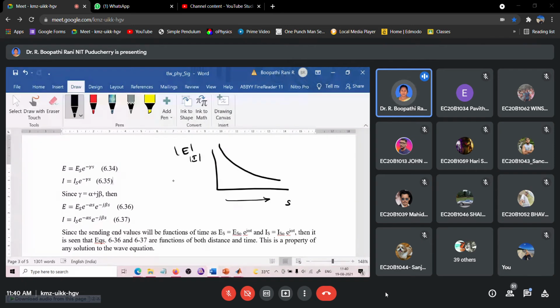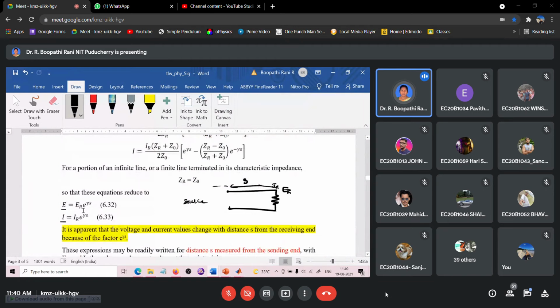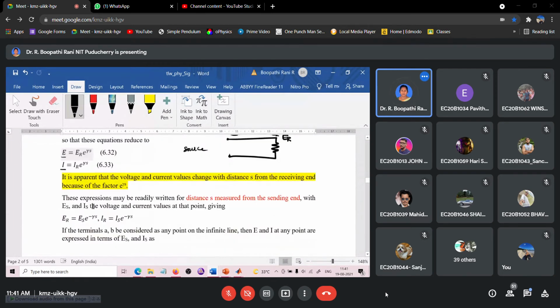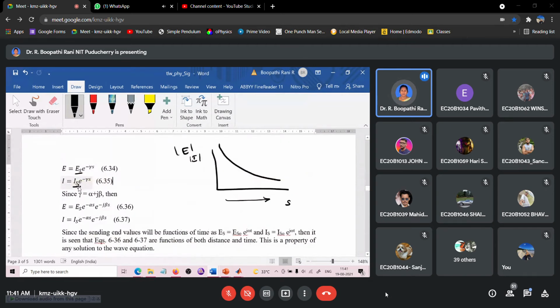And this is sending end voltage and sending end current. So as we proceed from the sending end towards the receiving end, the graph will be like this only. So E and I can be related using ER, IR with the term e power positive gamma S, or using ES, IS with the term e power negative gamma S. Right?